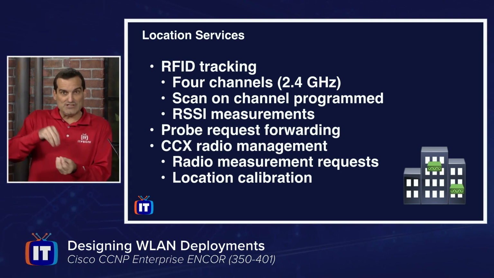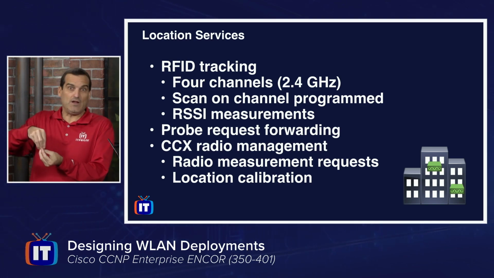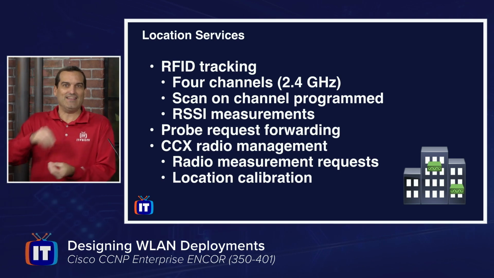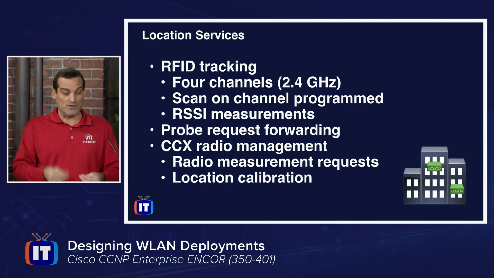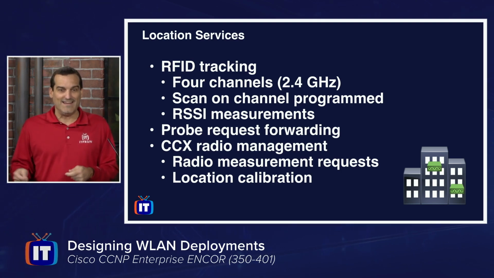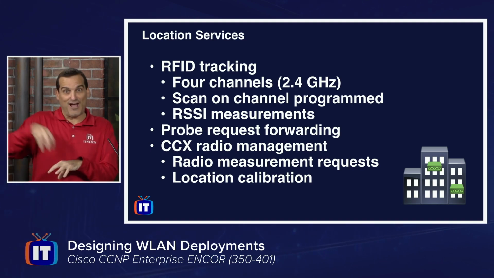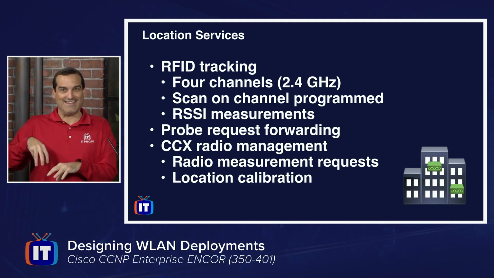And what you do is you have the RFID chip typically pre-programmed to be, okay, I'm going to be on channel 6. And then you go up to the wireless LAN controller and you say, okay, scan on channel 6 for those RFIDs and let us know where they are. It does a cool RSSI-like measurement to plot where that thing is you're tracking, on a map.